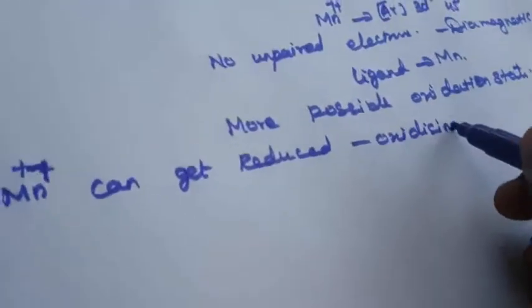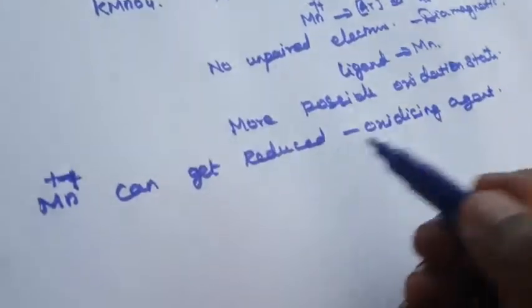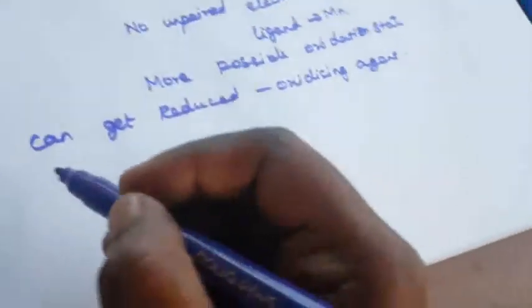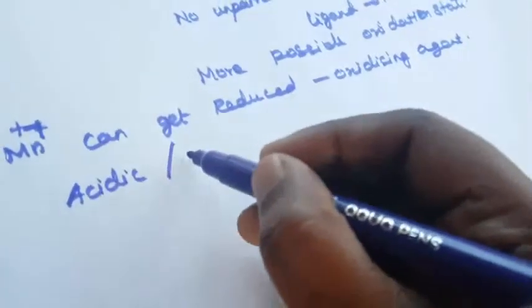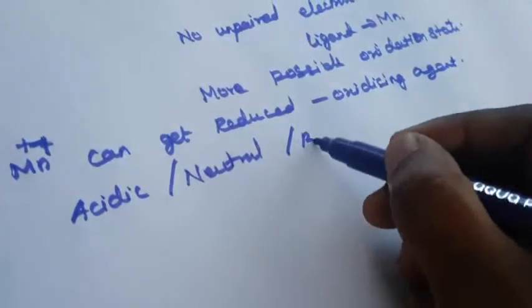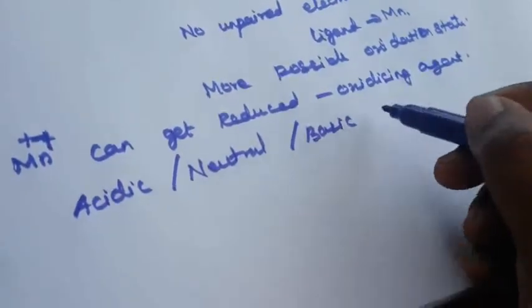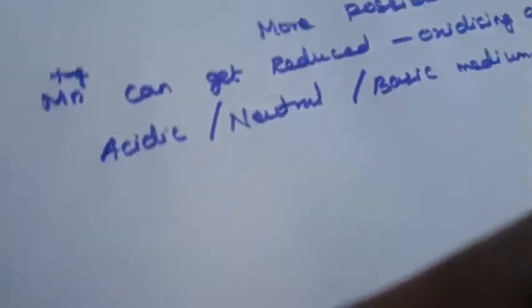Okay, so this can be explained in three types of medium: acidic medium, then neutral medium, then basic medium. These three things we can explain in this chapter.